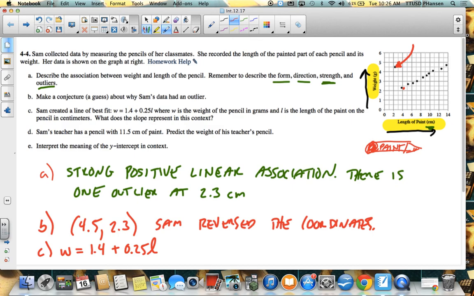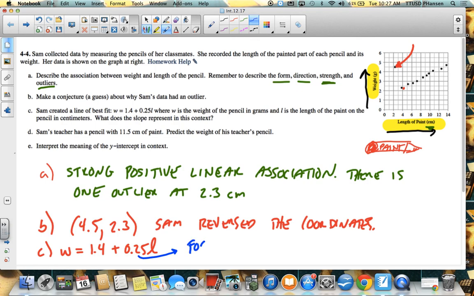So what does the slope represent in this context? In this case, the 0.25 is the slope. And what does that represent? An increase of 1 centimeter in length is expected to increase the weight by 0.25 grams.